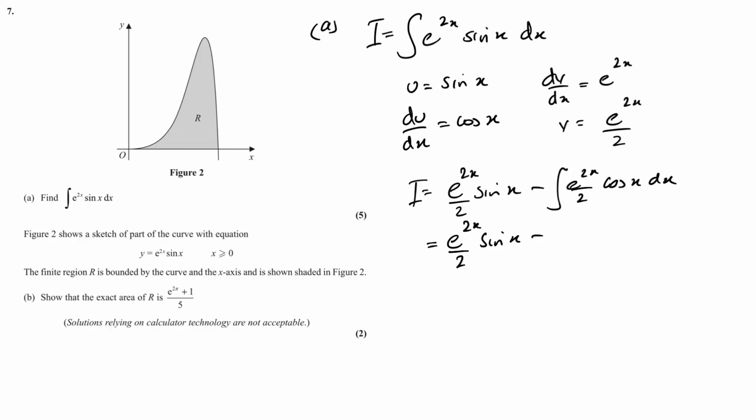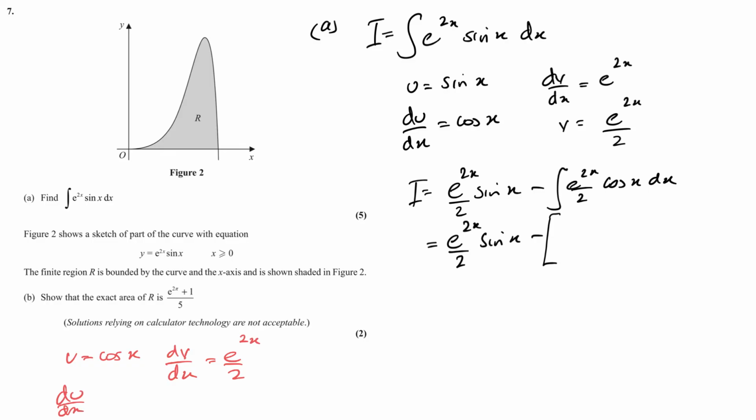Now, if I'm integrating this one, I'm just going to put this into a square bracket. I'm going to use the same kind of process again, so I'll pop it in red just over on the side, out of the way. So we've got u as cos x, and for dv by dx I'm going to use the e to the 2x over 2 again.